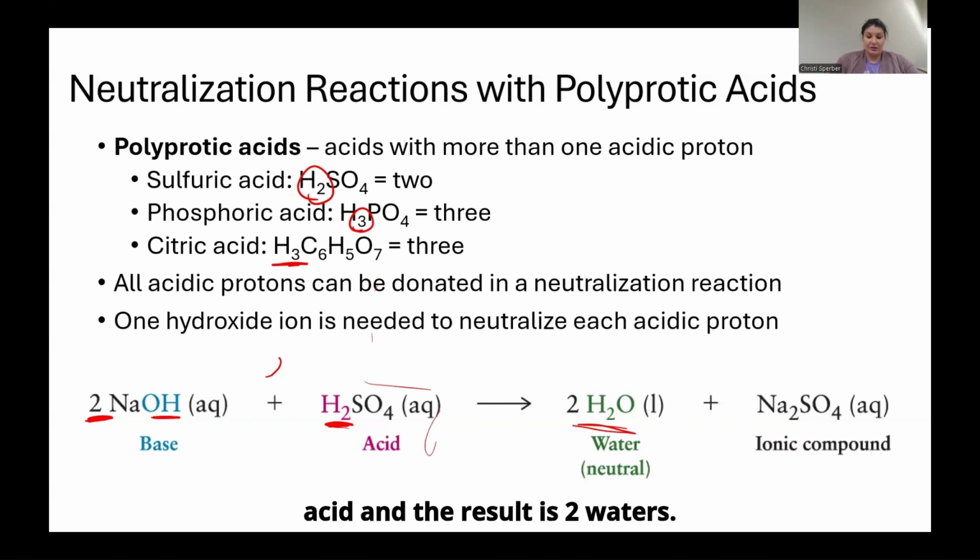And the result is two waters. Spectator ions are combined in a ratio that forms a neutral salt for the ionic compound. So you need to also remember that SO4 is a 2- charge, sodium is a +1. So you need to make sure that you have this subscript 2 showing that you have two sodium ions to cancel out this 2- charge.